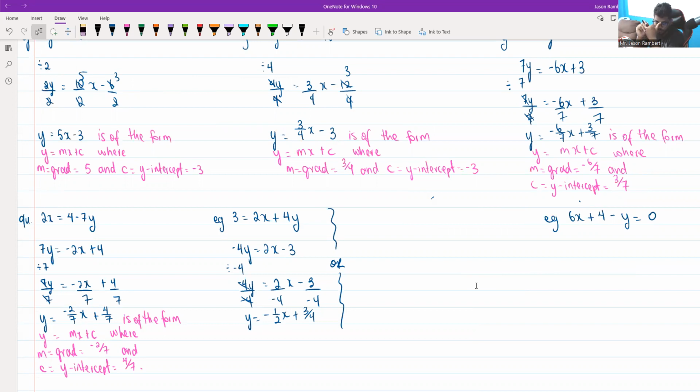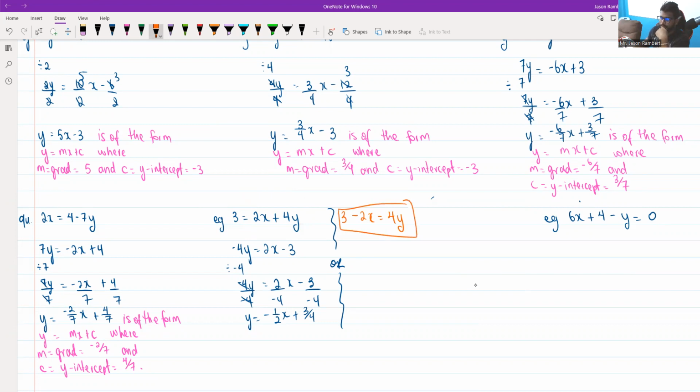So we can have a little bit of versatility when we rearrange it. Instead of putting the 4y across and the 3 across, I'm just going to move the 2x. 3 minus 2x is equal to 4y.